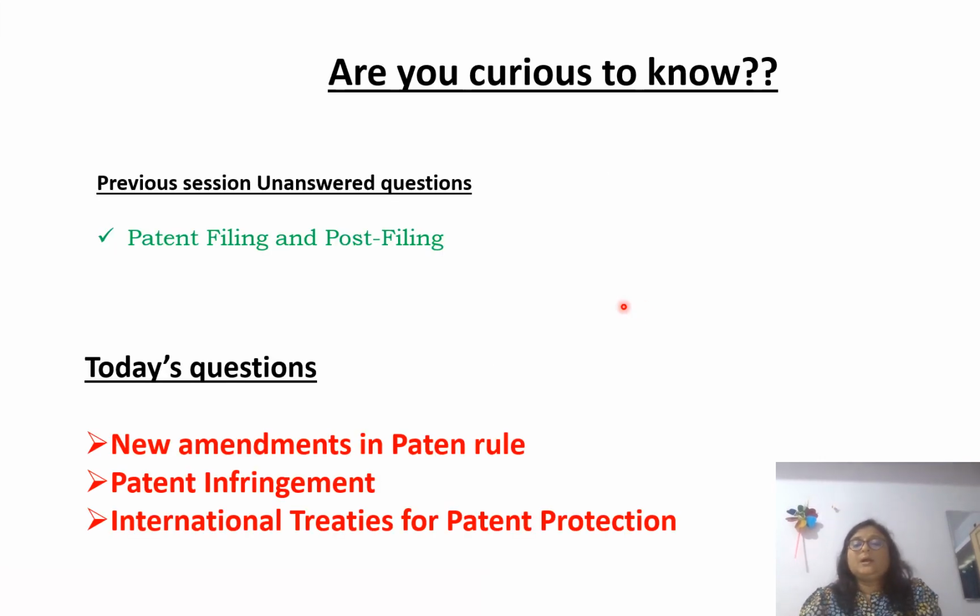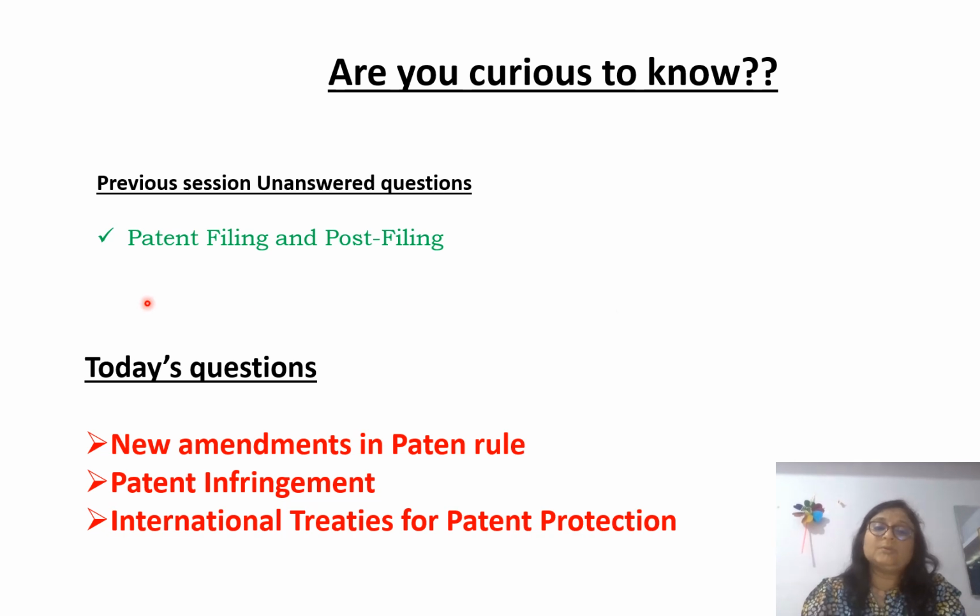So now it's time to answer your curiosity. As I told, in the earlier session we talked about patent searching, the need for patent search, and how we can do patent search. I gave you some screenshots of Indian patent search also. And that time I left one unanswered question, that was patent filing and post filing.